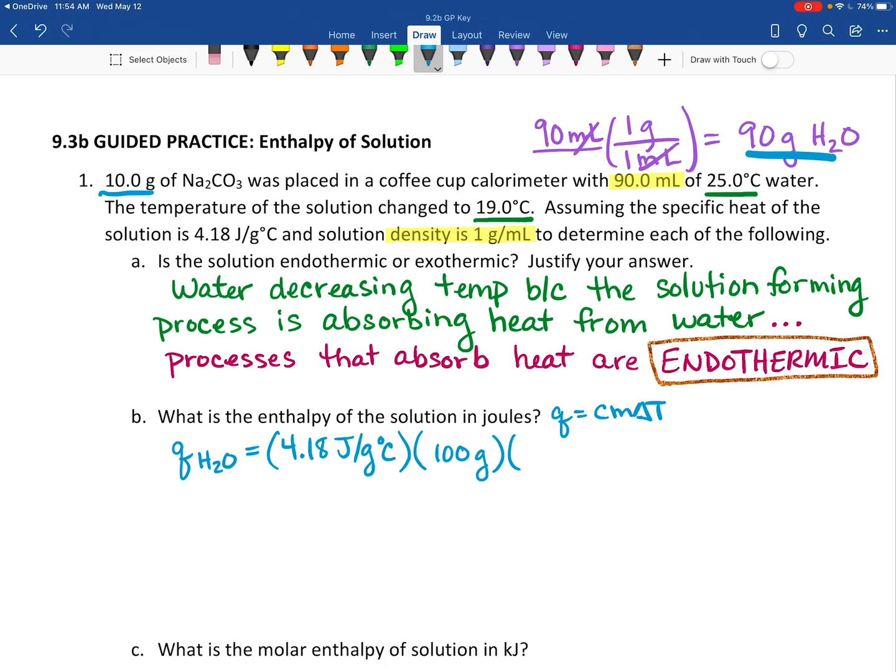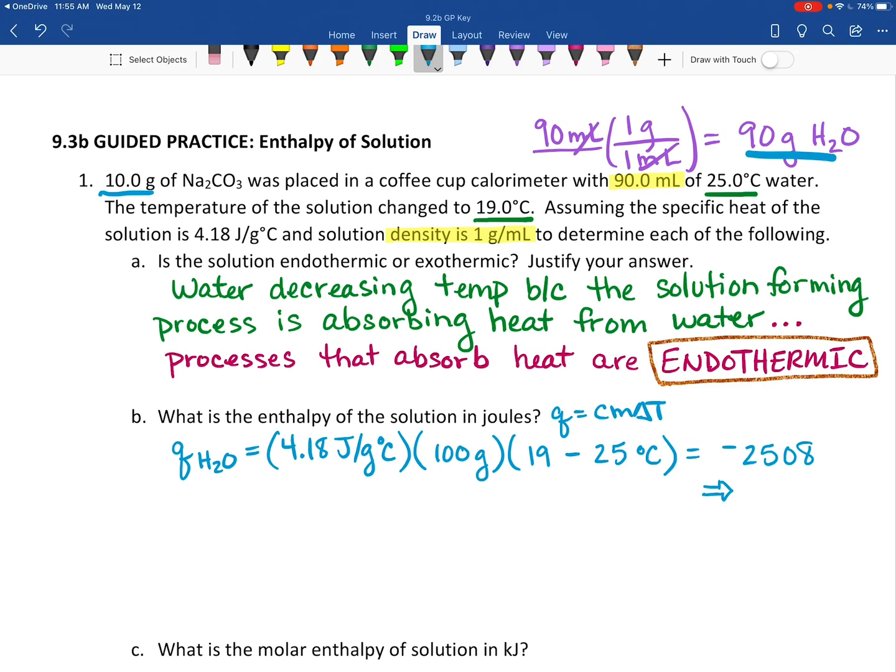And then we're going to do our temperature. Final temperature was 19 degrees Celsius. Initial temperature was 25 degrees Celsius. When I calculate all of that, I get negative 2508 with sig figs.